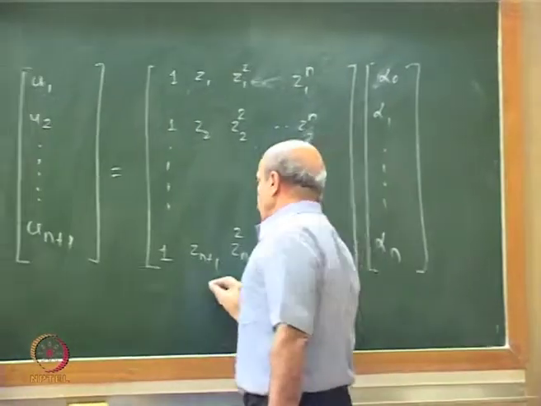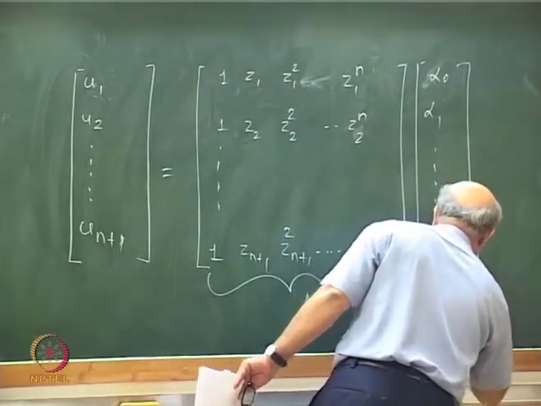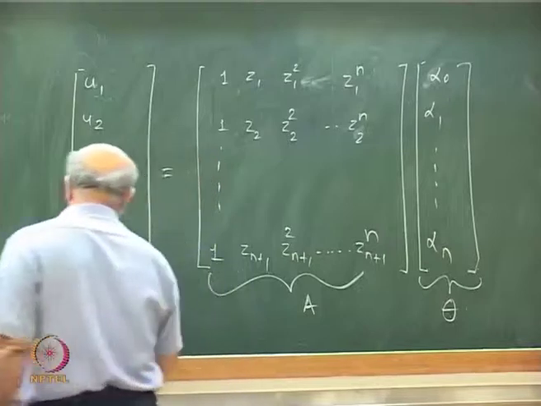I defined this matrix as the A matrix, if you recall. I call this vector theta, and these are my unknowns.